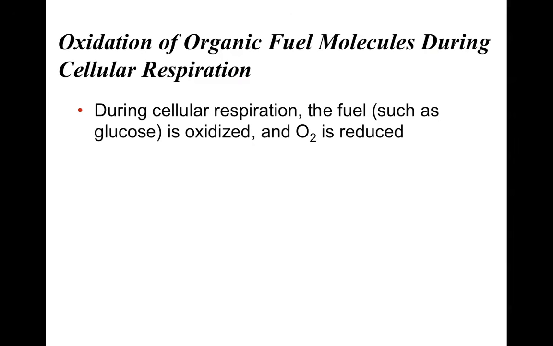So what we're going to see as we go through the process of cellular respiration is that our carbohydrate fuel, glucose, is going to get oxidized. We're going to strip electron density away from the carbon in glucose. And ultimately, oxygen is going to get reduced. Oxygen is going to pull electron density away from other molecules and become reduced.